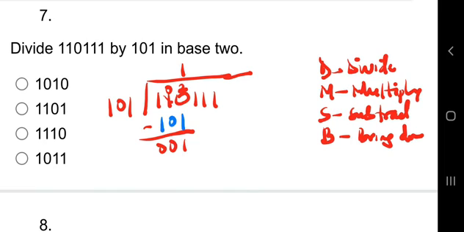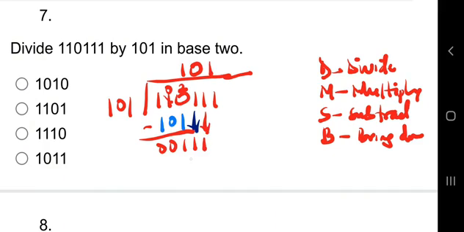So the next stage is to bring down. We bring down the next digit, which is this one here. Then it becomes a 1 here. So you can see what we have here is 11, which is still less than this. So that gives us 0. Then we bring down the next one, which is 1. So 101 in 111 is 1.